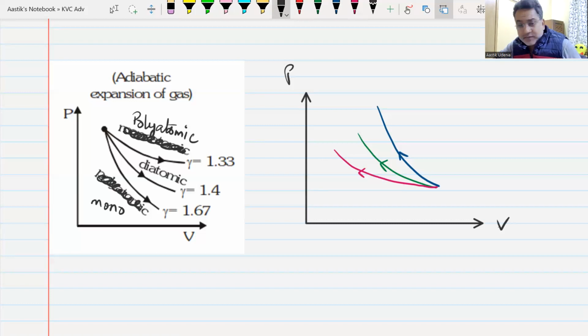The gamma for diatomic gas is 1.4 and the gamma for monatomic gas is 1.67. The steeper graph will be the graph of monatomic gas and the flatter graph will be the graph of polyatomic gas. Do we understand this? Yes, sir. In the case of adiabatic compression, which graph will be for which gas? Mono, dia, poly. Which one?